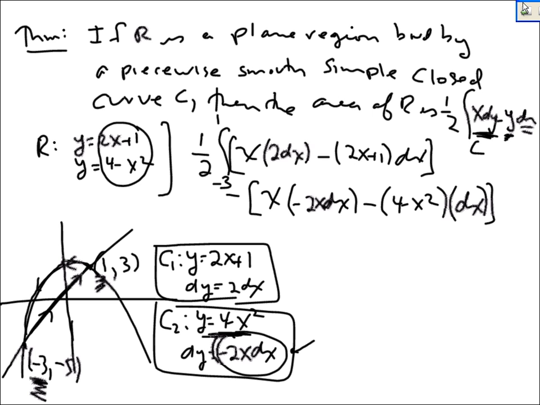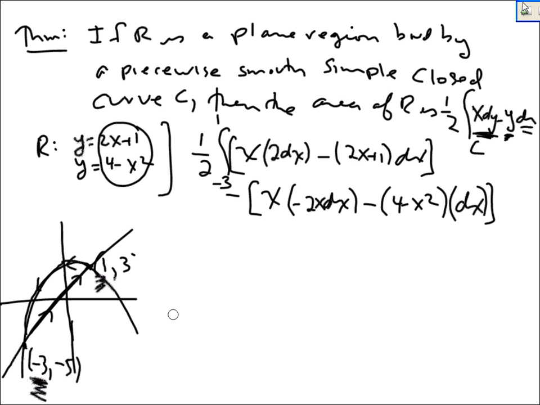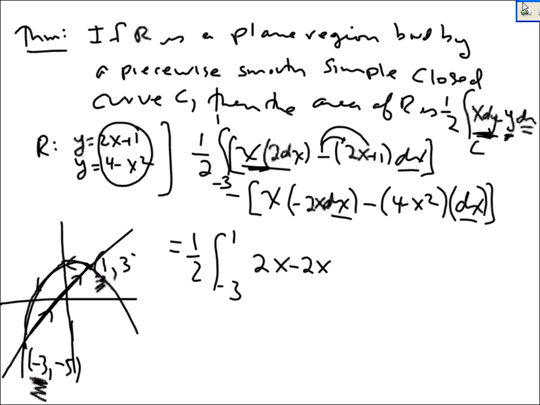Now let me get rid of this. Let's clean up this integral a little bit. It looks like a mess. So it's 1/2 the integral from negative 3 to 1, and everything is times dx, so I can factor it out. X times 2 is 2x, minus 2x, minus 1. This is minus 2x, but I take it away, so that's plus 2x, minus 1.